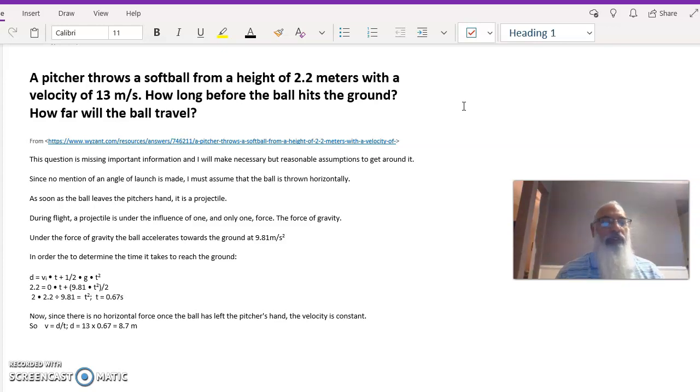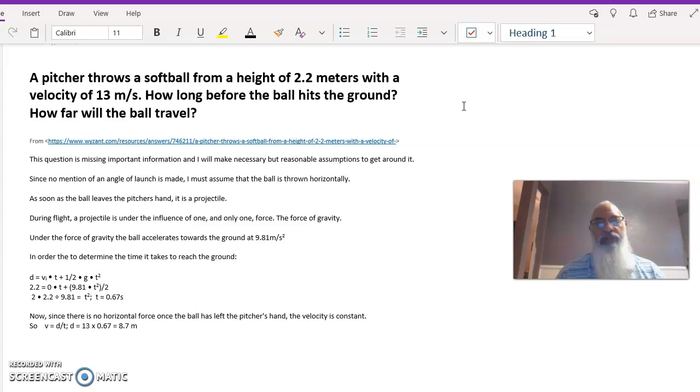And so the motion is basically under a single force which is acting vertically downwards. So any acceleration that occurs is only due to gravitational force, and there is no acceleration in the horizontal direction. Even though a projectile looks like it's describing a parabola, that does not mean that it's accelerating horizontally as well as vertically.